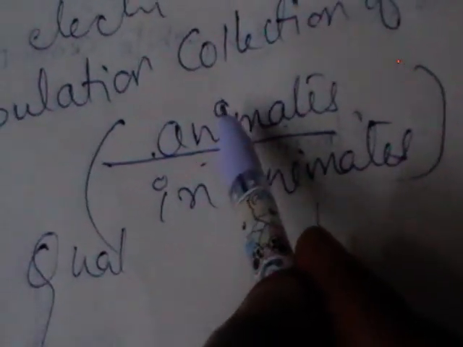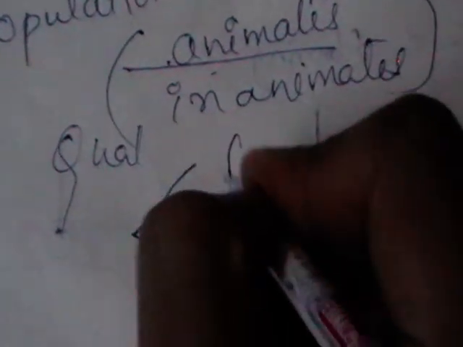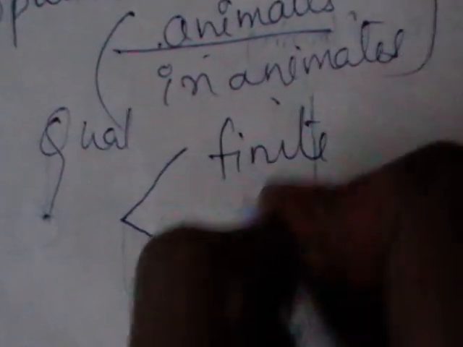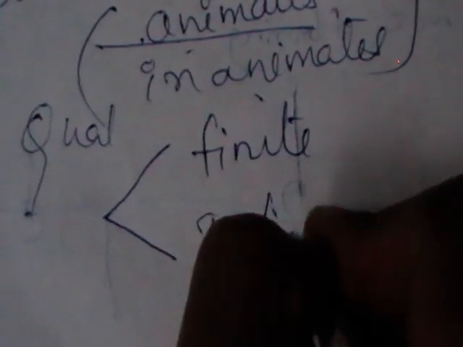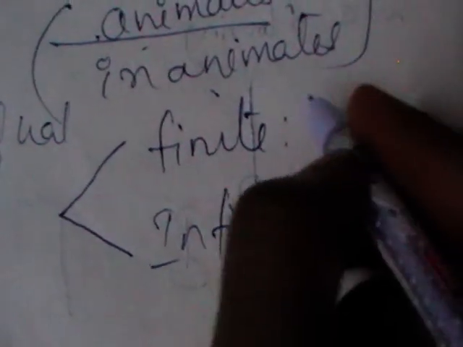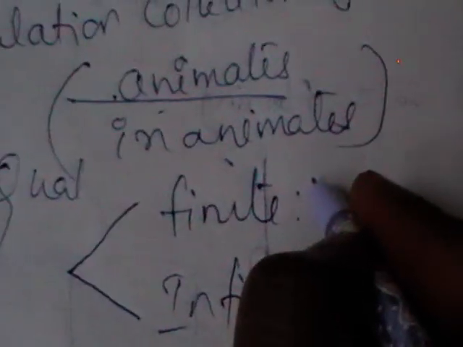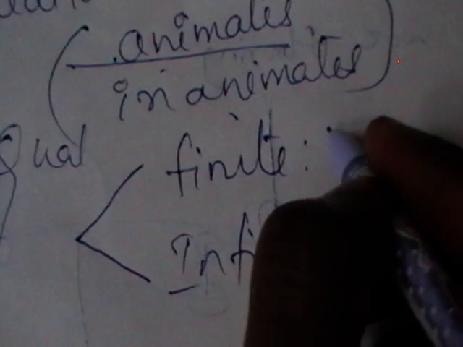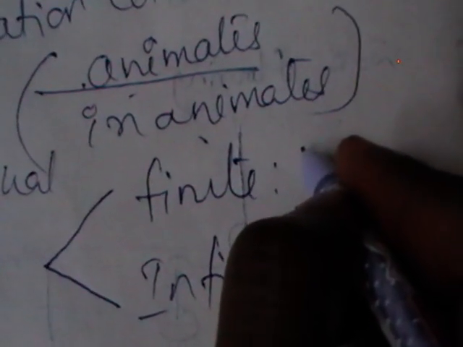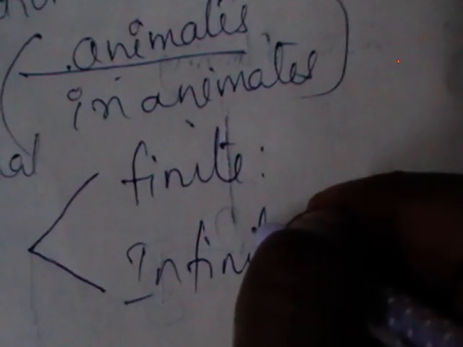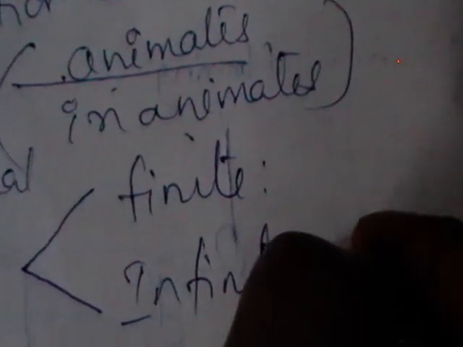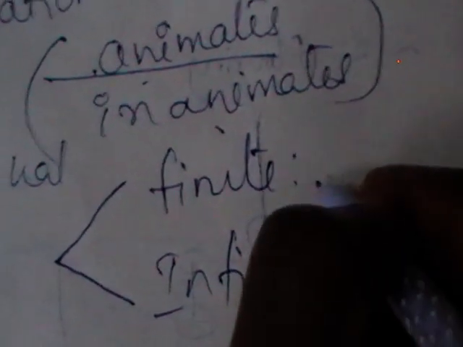So depending upon its size, we are classifying the population into 2 categories: finite population and infinite population. Finite population is nothing but if the number of units in a population is countable, we call that as a finite population. If the number of units in a population is uncountable, we call that as an infinite population.